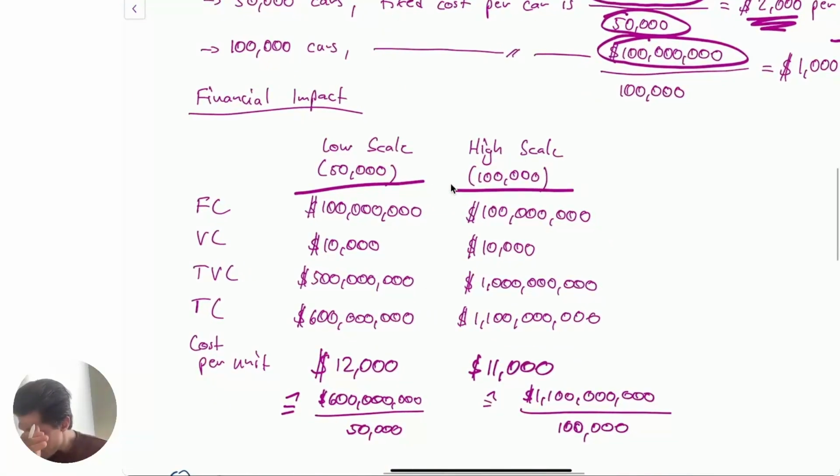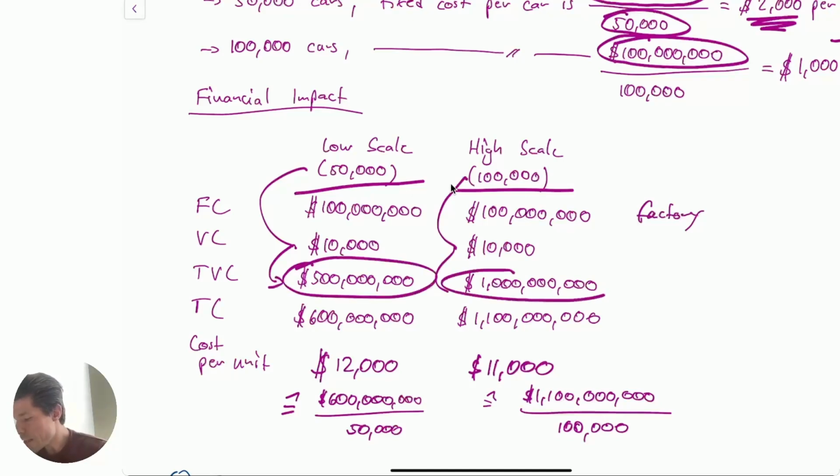If we look at the financial impact, let's assume our fixed costs are, again, 100 million. That is the factory that you need to build in both cases. Variable cost, let's assume it's 10k per car. Total variable cost is your variable cost times the number of cars that you produce, in this scenario 50,000 and in this scenario 100,000. So your total variable cost has changed.